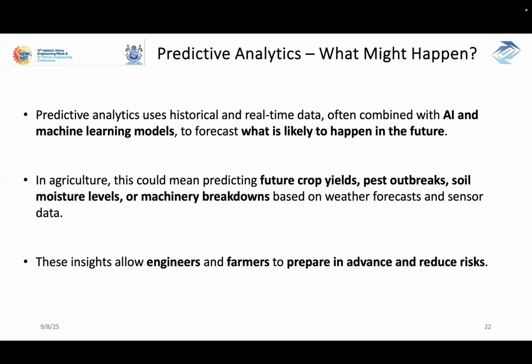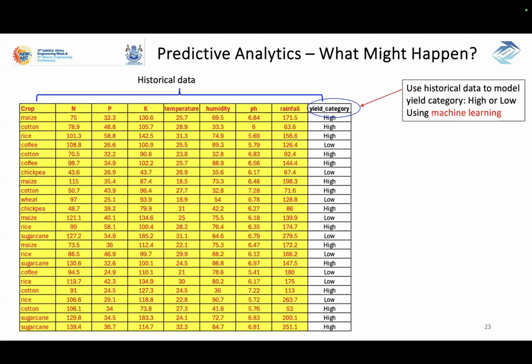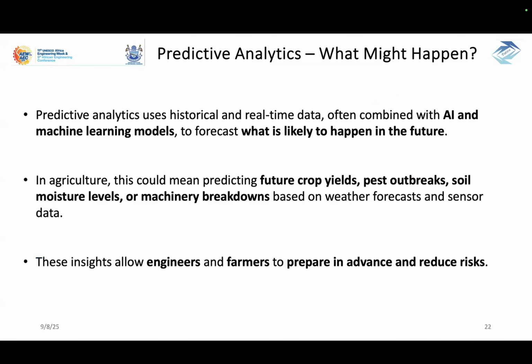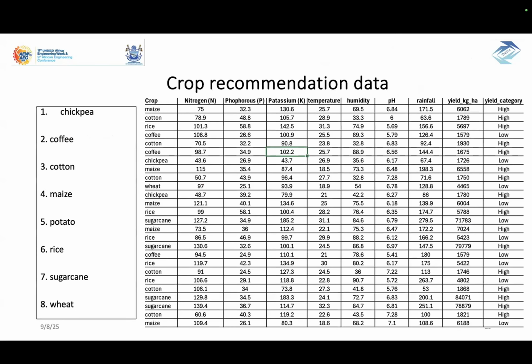Okay. So descriptive asks what happened, diagnostic, why did it happen, predictive, what might happen. Now let's go back to this table here. This table we're given, we did some analysis.